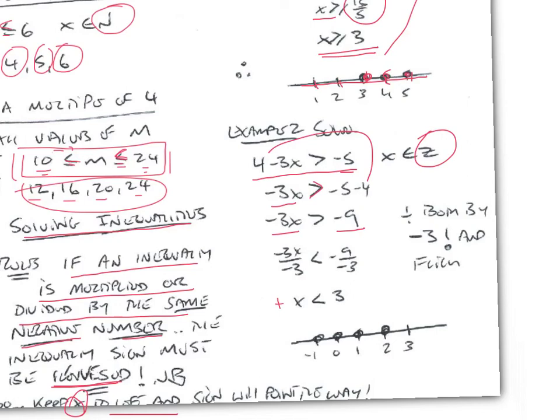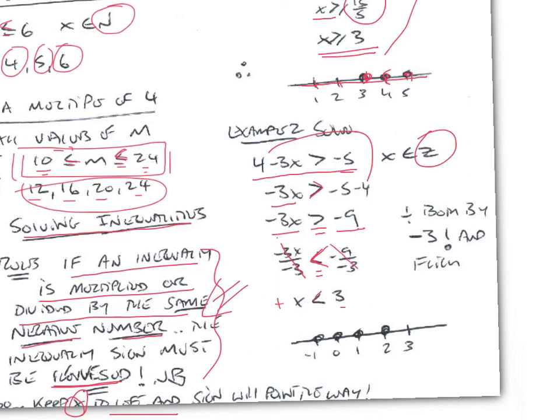To make it positive, we'll divide both sides by minus 3, but our rule says that if we multiply or divide the terms either side of the inequality by a negative number, then we must flick the sign. So minus 3 divided by minus 3 gives us x, and we flick our sign. Look at the way it was, now look at the way it is. And minus 9 divided by minus 3 is 3.